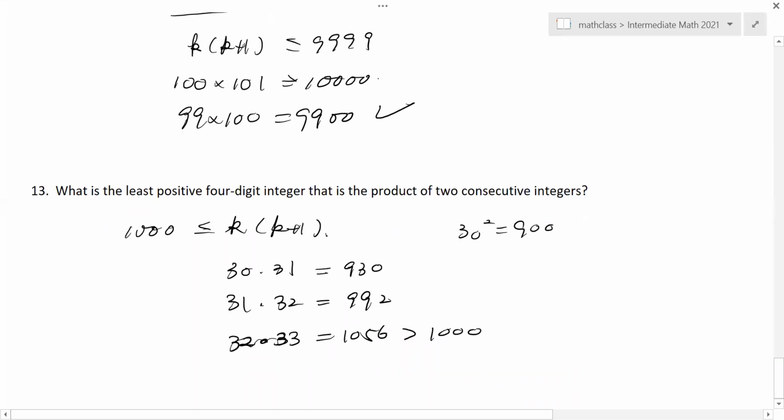So clearly, in this case, this should be the number. Okay, k equals 32. So the answer is 1,056, which is the least positive 4-digit number that is a product of two consecutive integers.